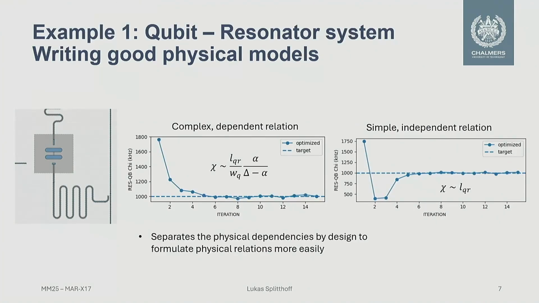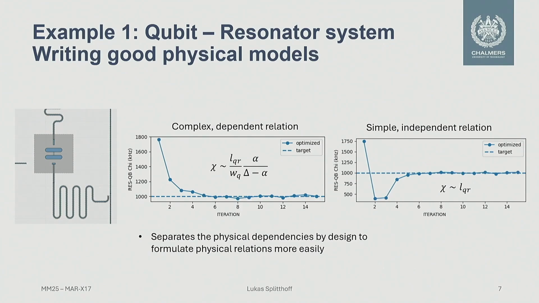Now, I'd like to discuss this physical model and the relevance of it a little bit further. In principle, it is very important to write out a design that separates the physical quantities in the system clearly. Here in this example, we've chosen 2 different physical relations for the estimation of chi.